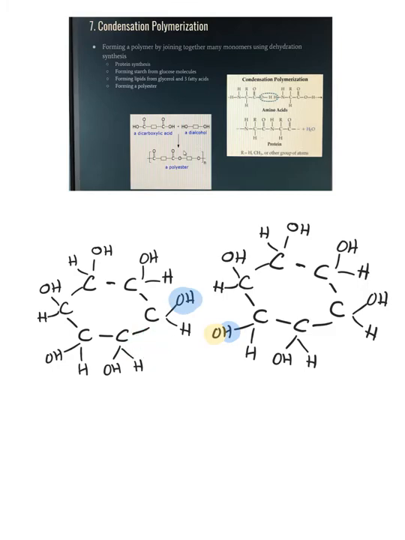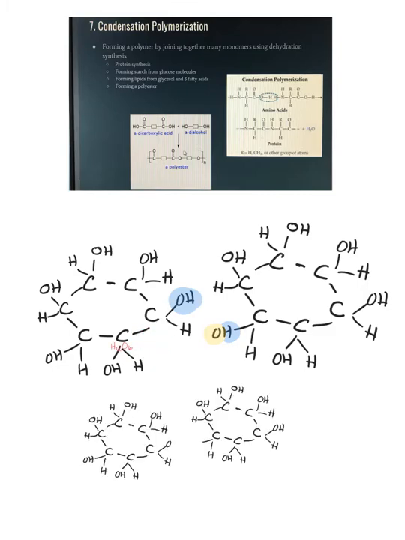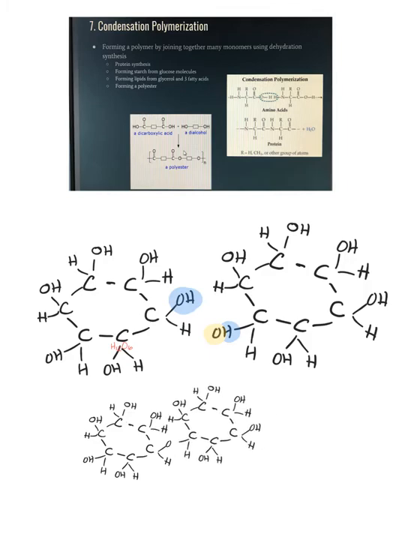So let me draw that for you. What you can see here is I removed a water, I took the OH and the H, and now there is a naked O right there. Then this one is going to come in and attach to that O. So this is the new bond right here.